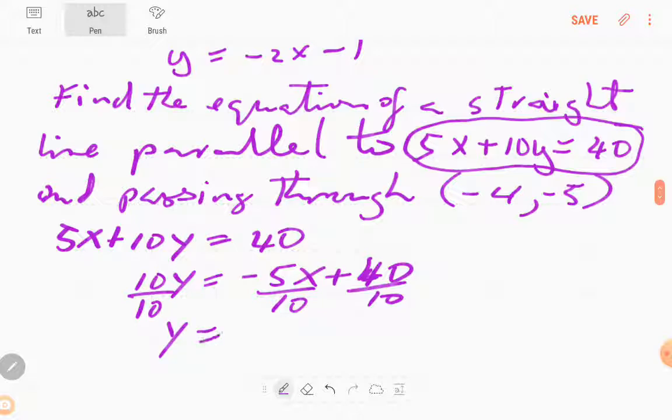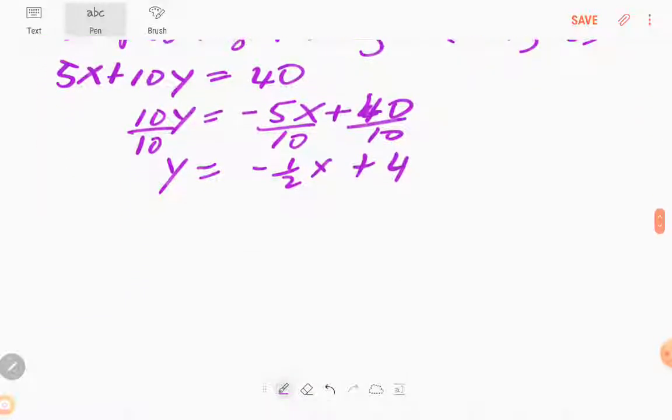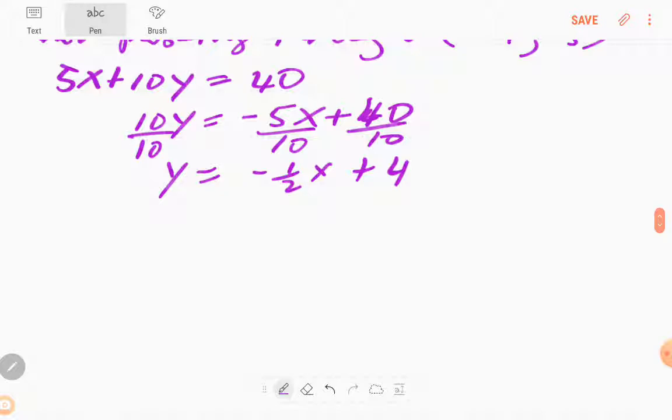So solving for y, we have y equal to minus a half x plus 4. So the slope from the given equation is m equal to negative a half. So the slope of the second equation must also be negative a half.